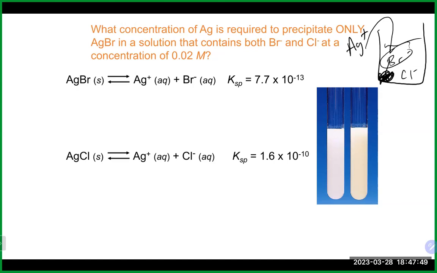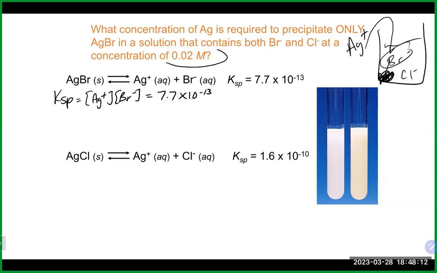So we know the two Ksp reactions that we're going to get. We have silver bromide, which we can look up the Ksp value of 7.7 times 10 to the minus 13. We also know the silver chloride would be the other one. For the silver bromide, the Ksp expression is our silver ion times our bromide ion, and that equals 7.7 times 10 to the minus 13.